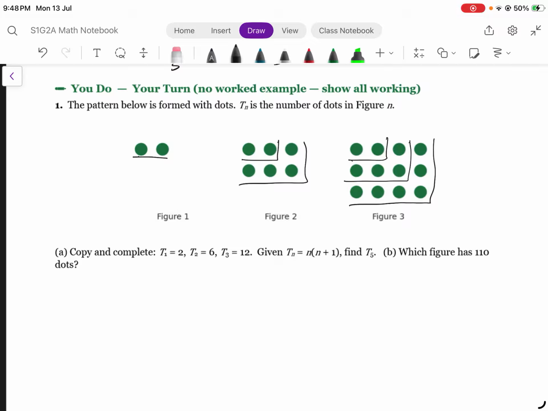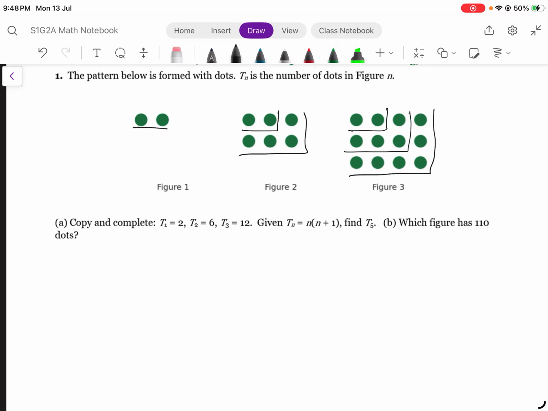Down here is 12. They tell you, given your general formula is n bracket n plus 1, find T5. So T5 is 5 bracket 5 plus 1.